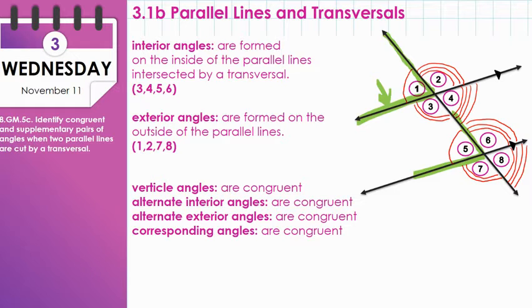So 1 and 5, 3 and 7, 2 and 6, 4 and 8. And if we were to write it again, angle 2 is congruent to angle 6. Angle 4 is congruent to angle 8. Those are corresponding angles.